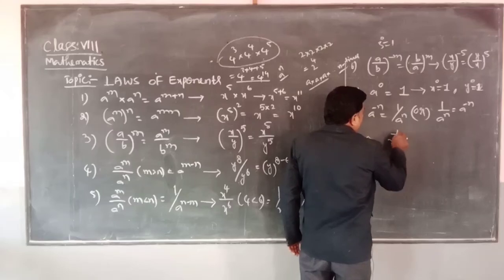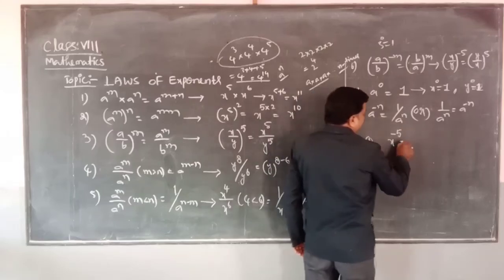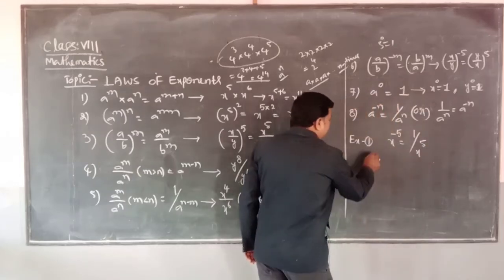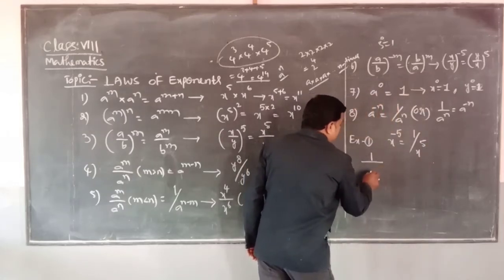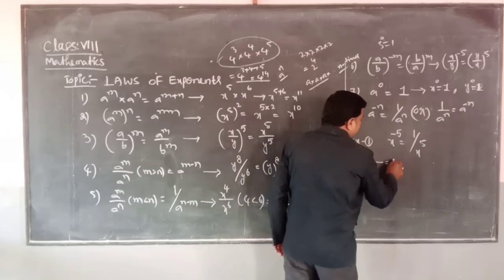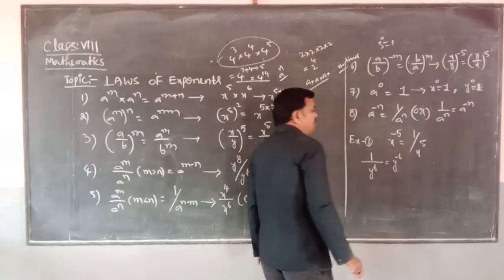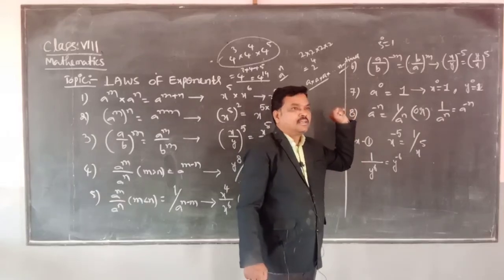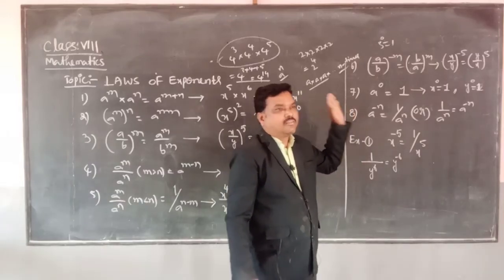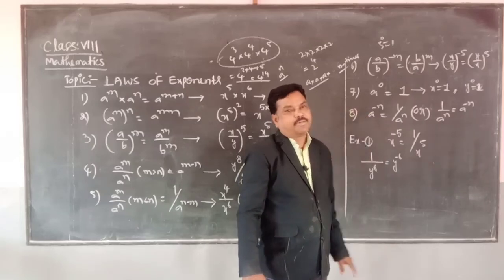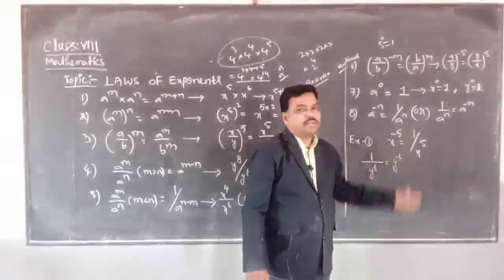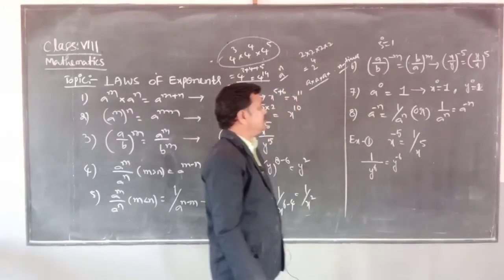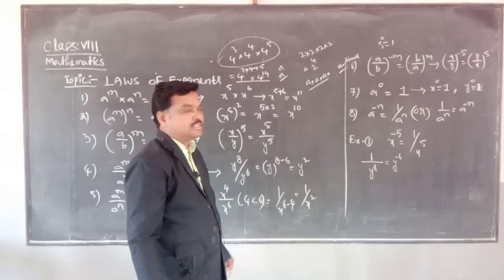X to the power of minus 5, then we can write 1 by x to the power of plus 5, or 1 by y to the power of 6, we can write y to the power of minus 6. It means when we are changing that power sign, we have to write the numerator into the denominator and the denominator into the numerator. So these are the 8 laws of exponents.